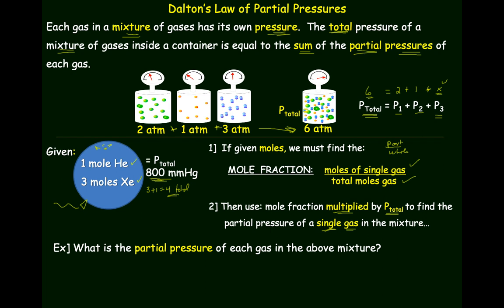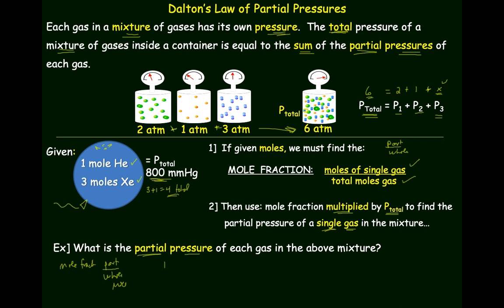All right, so let's just figure this out. What's the partial pressure in the above mixture? So we can say that the mole fraction is really the part over the whole mole.